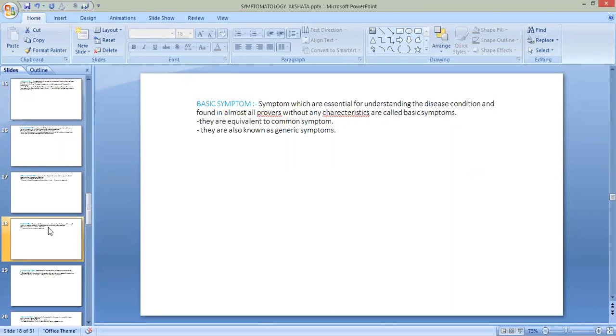Then basic symptom. The symptoms which are essential for understanding the disease condition and found in all provers without any characteristics are called basic symptoms.